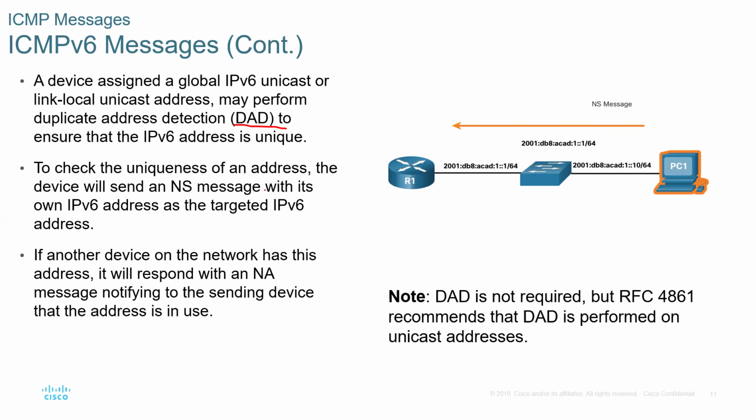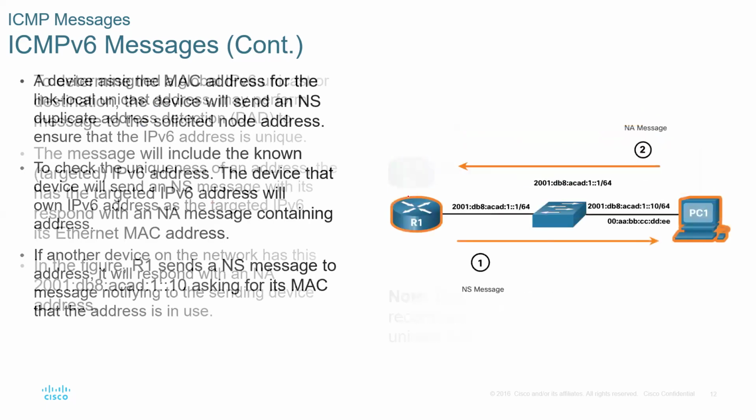If another device on the network has that address, it will respond with a neighbor advertisement message. So the neighbor advertisement and solicitation is to say, okay, hey, I have gotten this IP address from this router, I hope nobody else has this particular IP address. And if nobody has the IP address, bam, then you maintain it. But if somebody has the IP address, then you will get a notification about that.